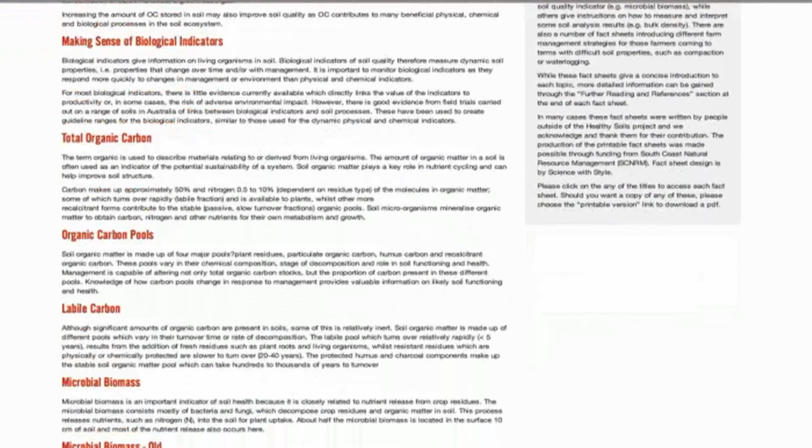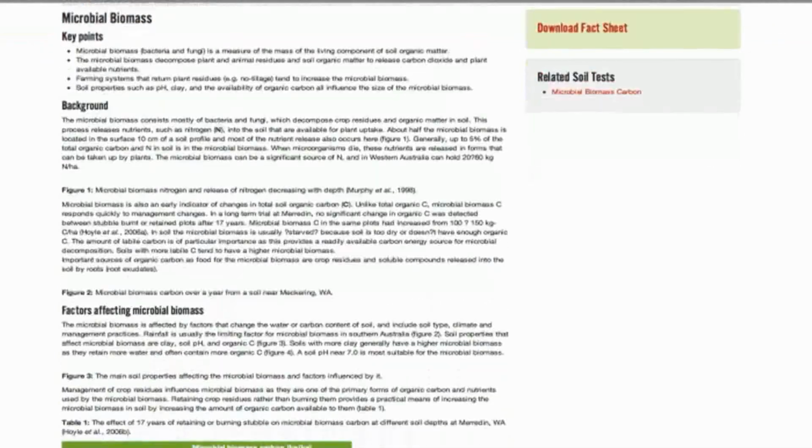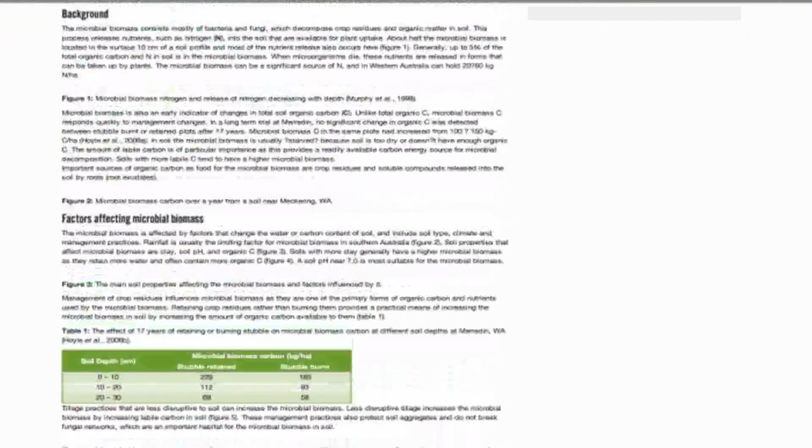Now they relate to various states, so microbial biomass in general, but specific to Queensland. You can click on this and it'll pull up an HTML version of the fact sheet. And there it is there, you can have a look at it and read it online.